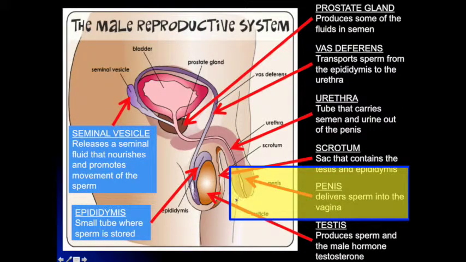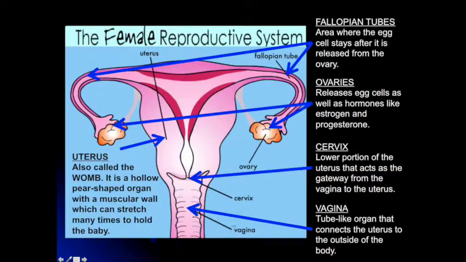So the sperm cell has a longer journey. It starts with the testes, goes to the epididymis, then it goes through the vas deferens, then it picks up again semen from the seminal vesicle and prostate gland, then it travels down the urethra and then out the penis, where it travels up the vagina, enters the uterus, and then it needs to figure out which side to go to.